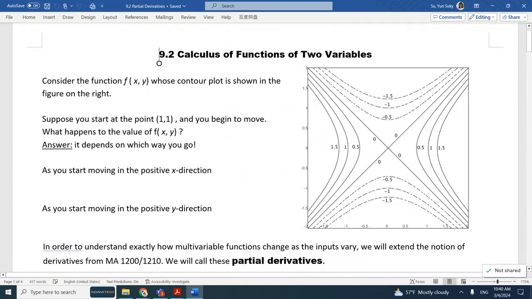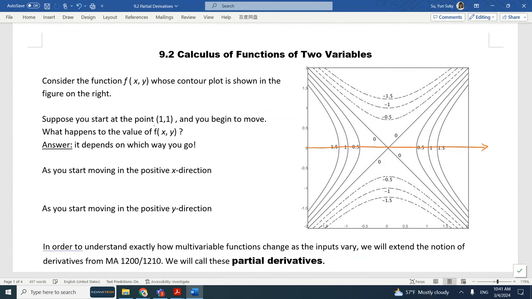Okay, so we just talked about the contour maps and level curves. Now look at this picture. Suppose you start at the point (1, 1). How do we look at this picture? Do you see here is 0? If you draw the XY plane, this is X and this is Y. Where's (1, 1)?